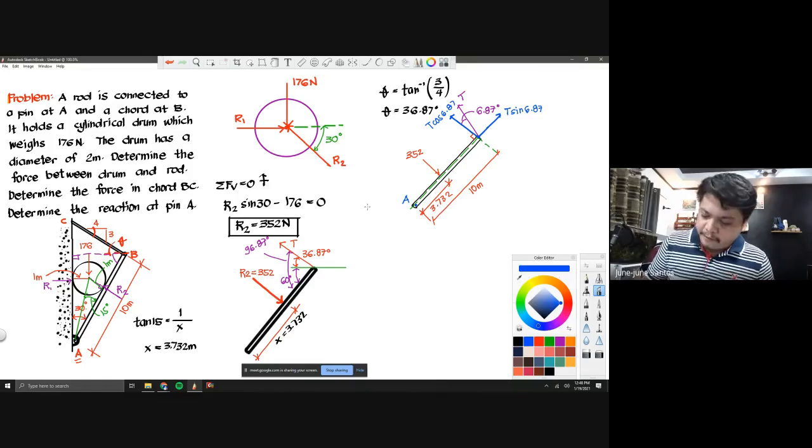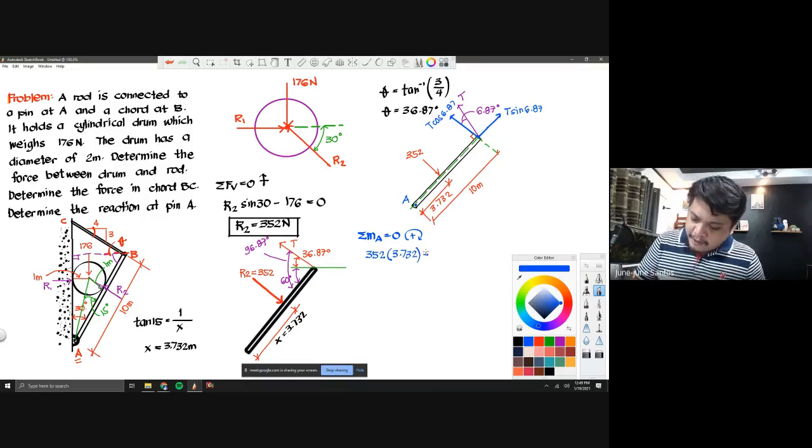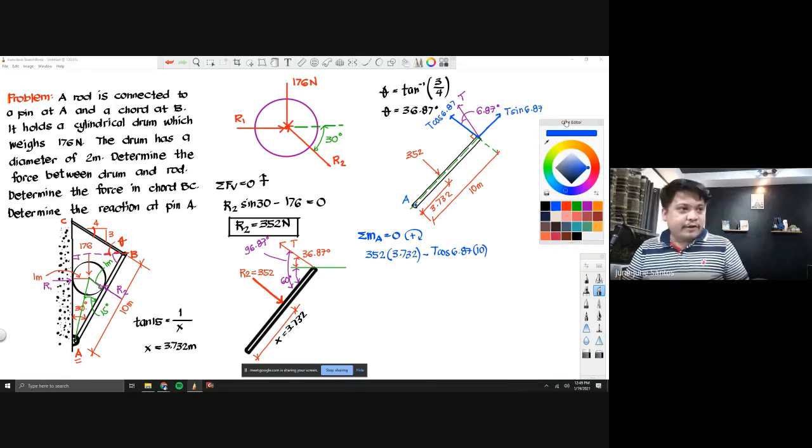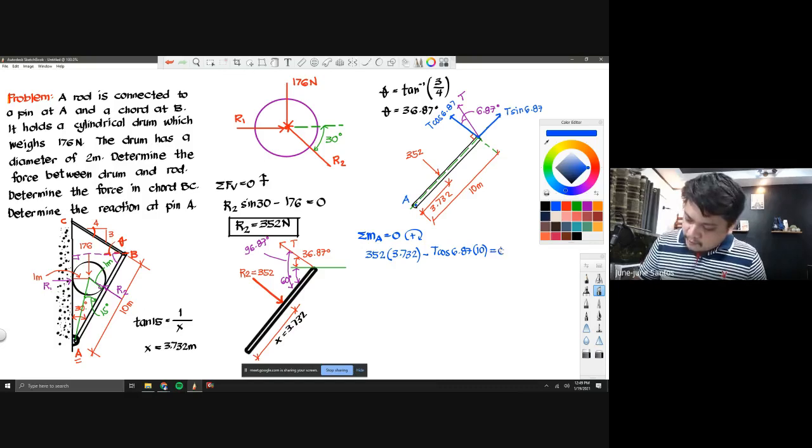Okay? So going back, I will have it summation, moment at A equal to 0. Okay? So you will be having here, pag ganito yung ating positive, 352 multiplied by 3.732. Okay? And then minus, eto, yung perpendicular, T cosine of 6.87 multiplied by 10. I guess wala ka ng ibang forces on the system, so that would become equal to 0.